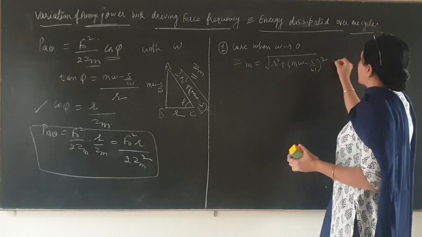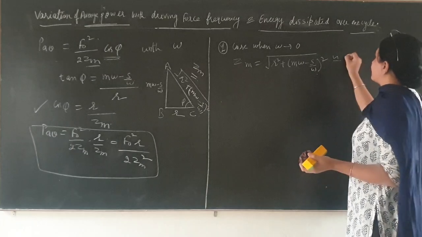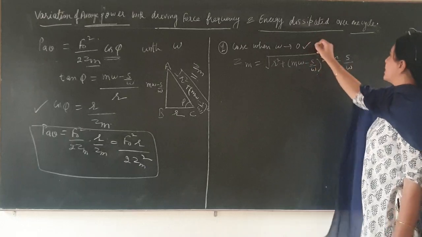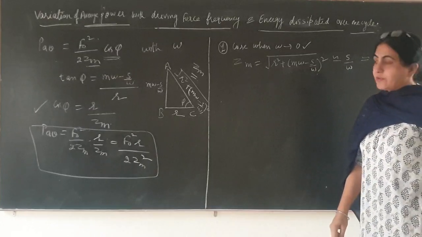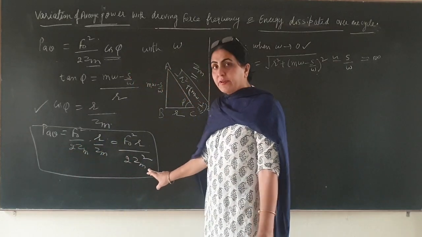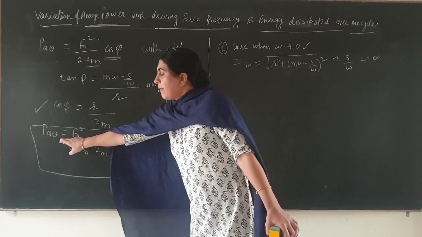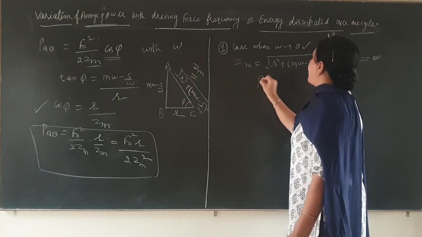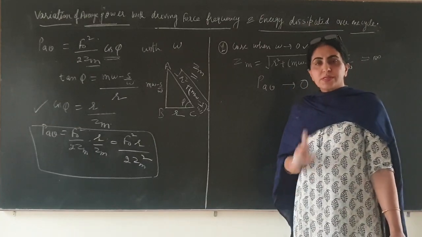So Zm is approximately equal to S over omega, and when omega approaches 0, Zm becomes infinity. Zm square also becomes infinity. Infinity means 1 by 0, so average power approaches to 0 when omega approaches to 0. So this is the first case.